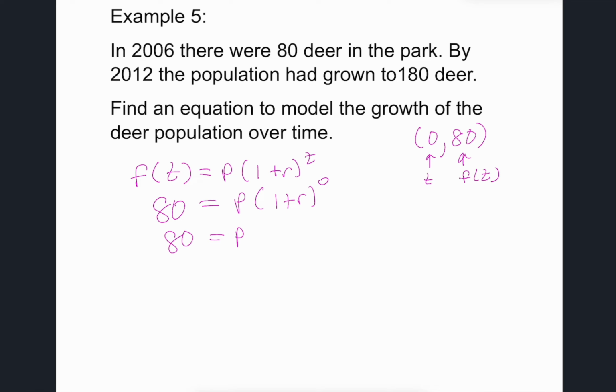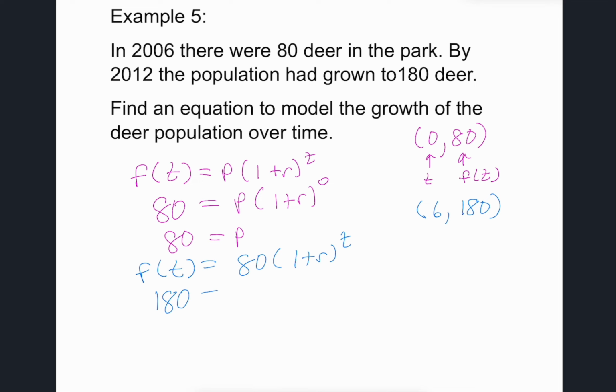So now let's kind of revamp our equation a little bit. We know that this is our equation, and we need to find an equation where the R is sitting there in the correct spot. So now, how much time has elapsed from 2006 to 2012? Well, that's 6 years, and our population is now 180. So now let's plug that into our equation.